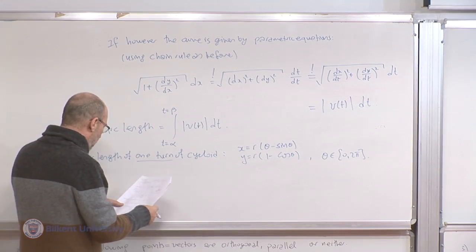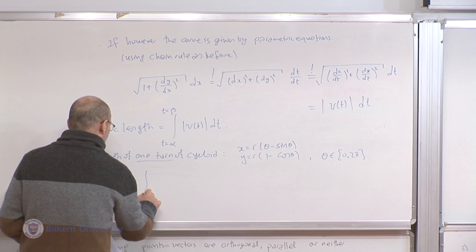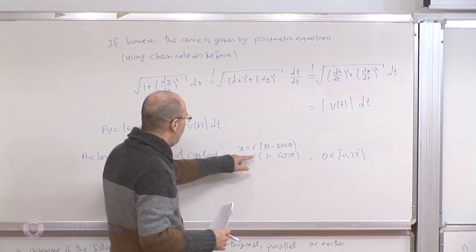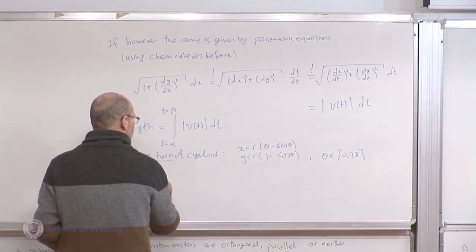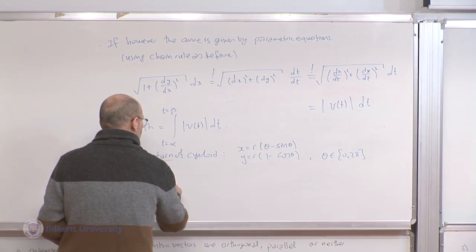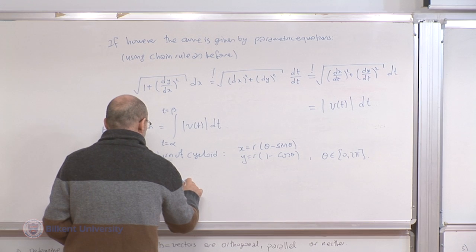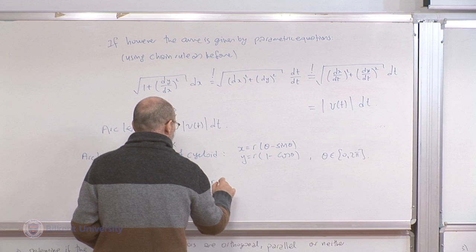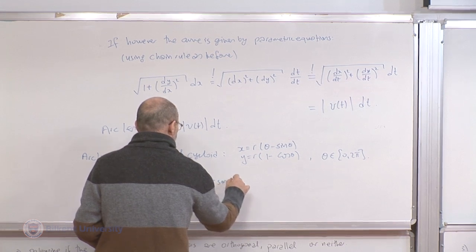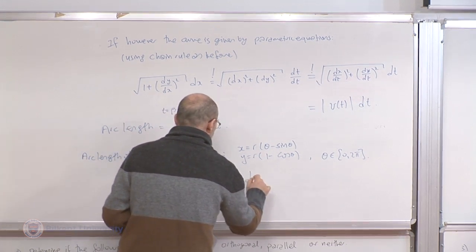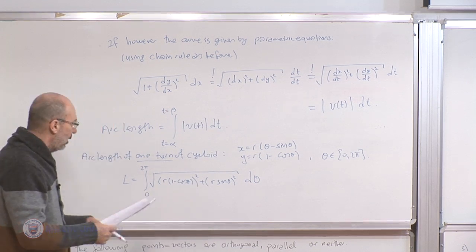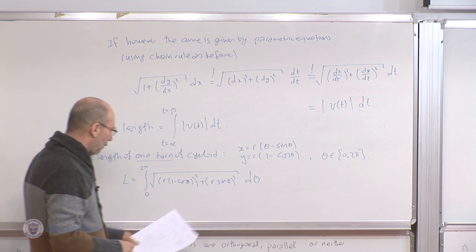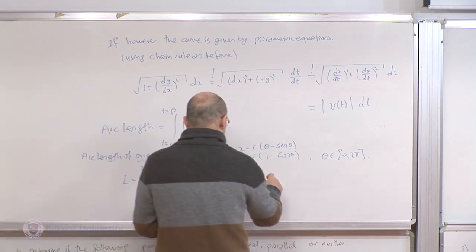Now length is equal to the integral from 0 to 2 pi of the square root of the velocity vector. So I'll take the derivative of this and take its square, r(1 minus cosine theta) squared, plus I take the derivative of this, r sine theta squared, d theta. So you calculate this. Well, inside you get something nice.